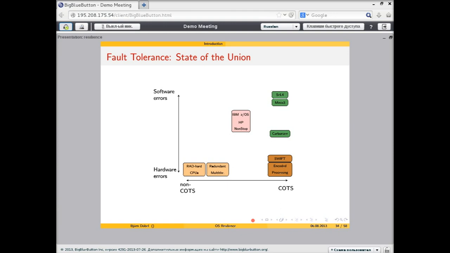If you have add register AX and BX, you can perform the instruction again by adding register CX and DX, putting the same values into A and CX and B and DX. After performing these instructions twice, you can compare the results in the different registers and they need to match. Swift and encoded processing actually generate machine code that does exactly this.